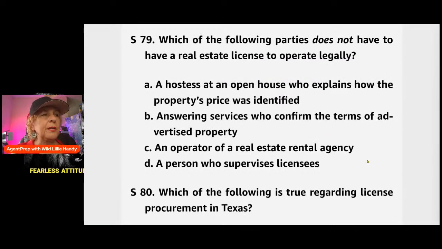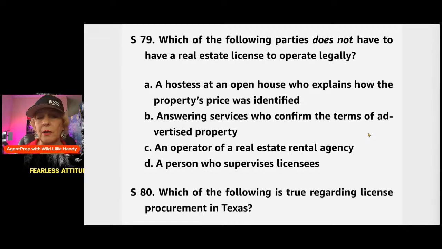All right, number 79. Which of the following parties does not have a real estate license to operate legally? A, a hostess at an open house who explains how the property's price was identified. B, answering services who confirm the terms of advertised property.